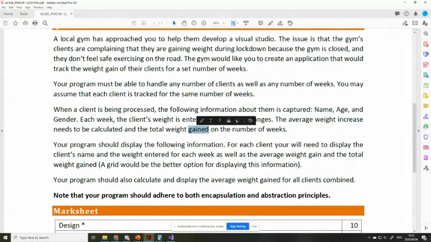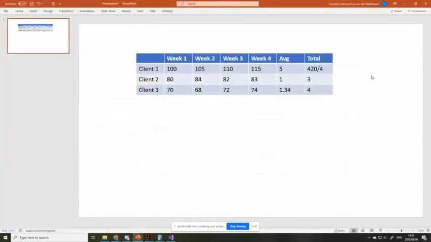So you just missed that. We're only looking at what was gained and not the total weight of the person week by week. And that's a small mistake. It's misreading one word that causes something like that. Because you probably would have had a result of 105 there.